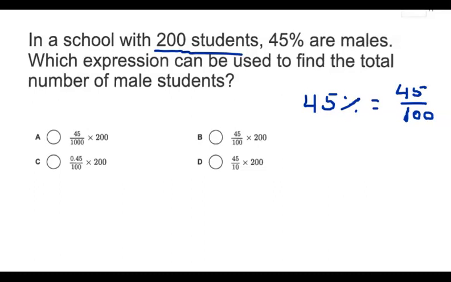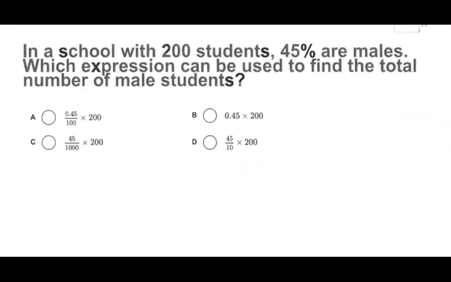So if you look at these options over here, this has 45 over 1,000, 0.45 over 100. Nope. If you had 0.45, it'd be 0.45 over 1, right? Because we divided by it. So 0.4 or 45 over 100 or 45 over 10. Yeah. So in this situation, this one would be the answer because you're doing 45 over 100 times 200. There's your answer for that one.